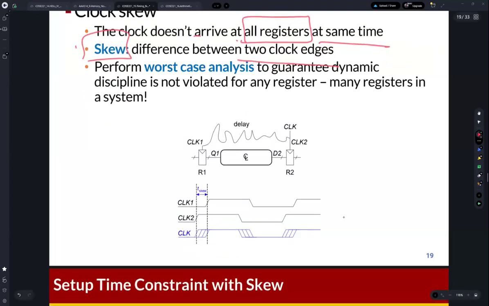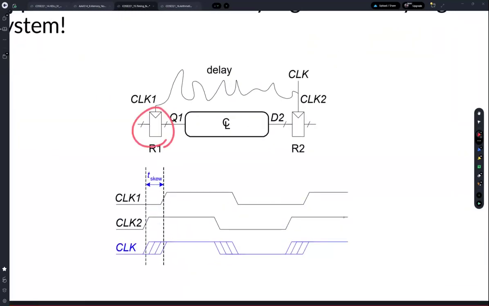So this is the example. Okay, you can find two D flip-flops, and the clock signal is connected to the two D flip-flops. So it's like clock 1 and clock 2. Okay, but because of clock skew, the timing of clock 1 and clock 2 can be different. So this timing difference is defined as the clock skew. When you analyze the setup time constraint and the hold time constraint, this clock skew needs to be considered.